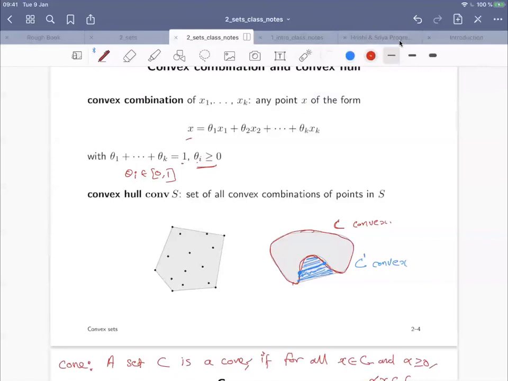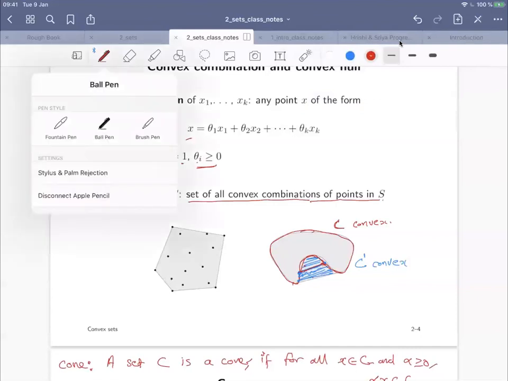So how do you form this convex hull? It is the set of all convex combinations of points in S. This line segment was not part of the original set, then we add that. Now if you take this new set, all the convex combinations are within the set, right?